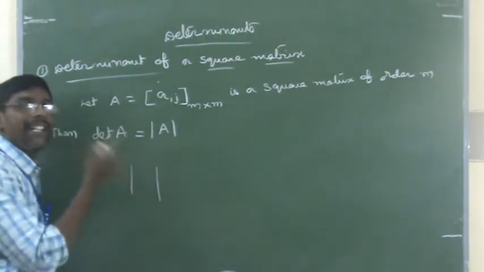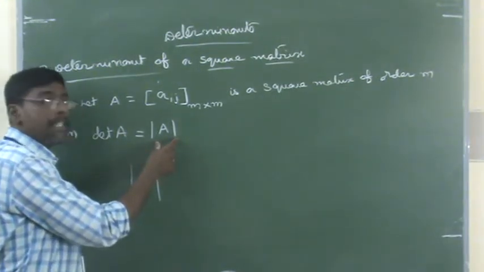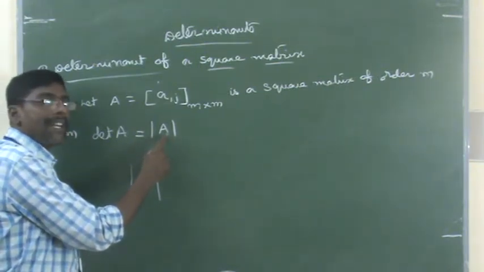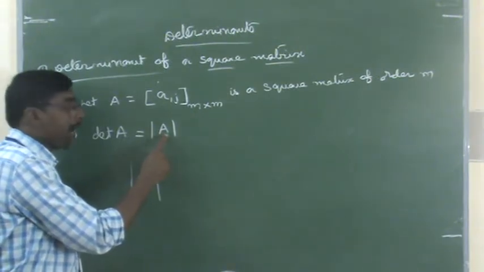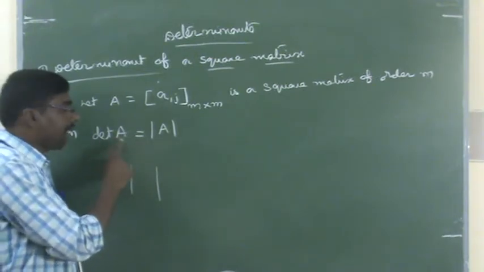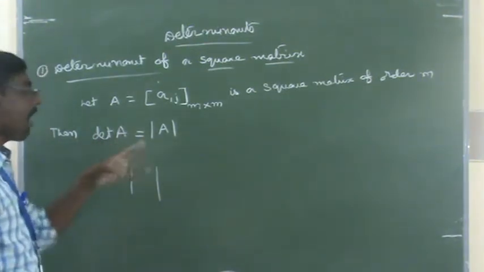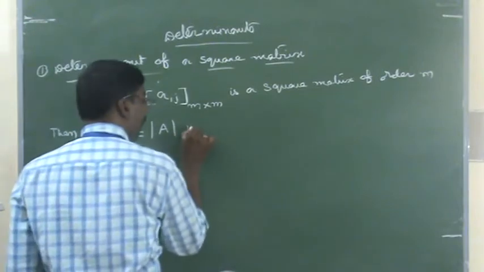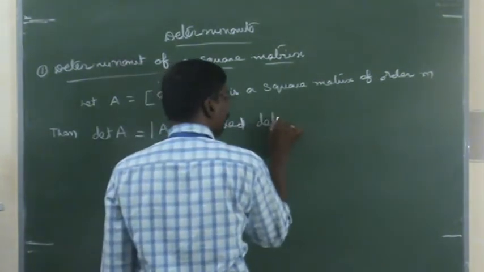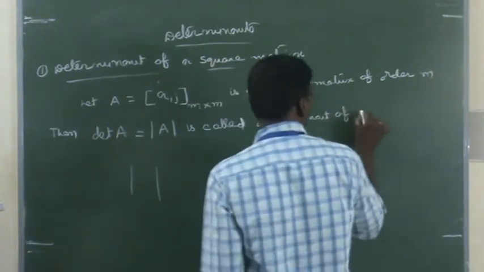In matrices and determinants, this is called the determinant. The symbolic representation of the determinant of matrix A, in shortcut form, is det A or determinant of A. Listen very clearly: det A, or determinant of A, is the determinant of a square matrix.